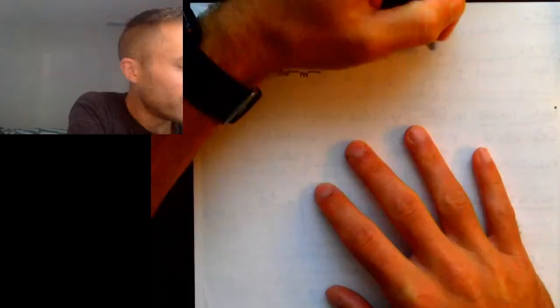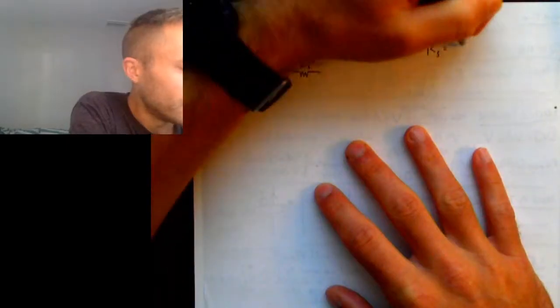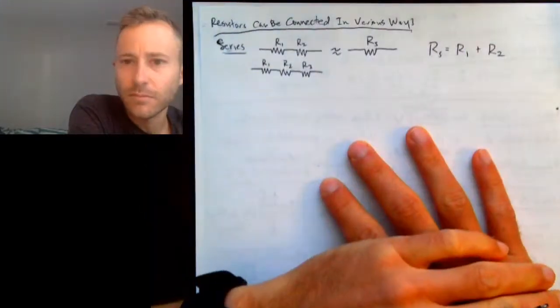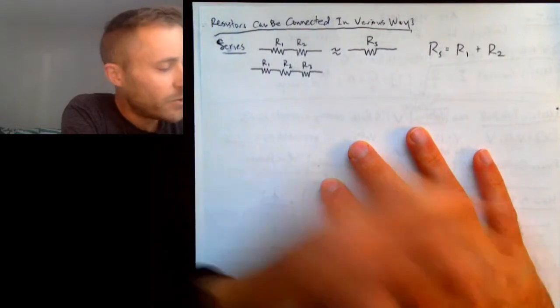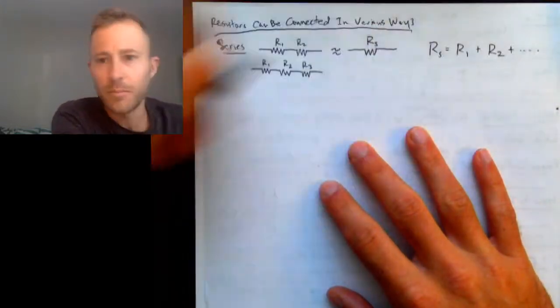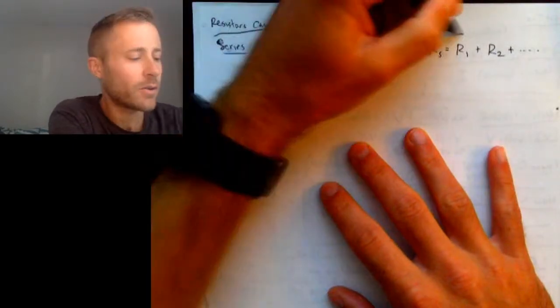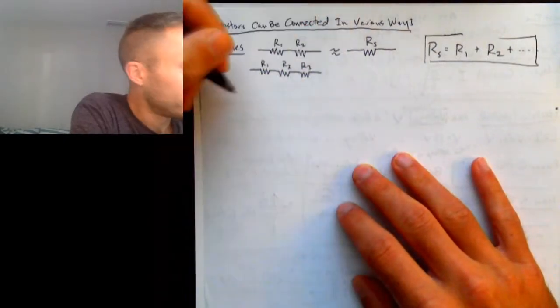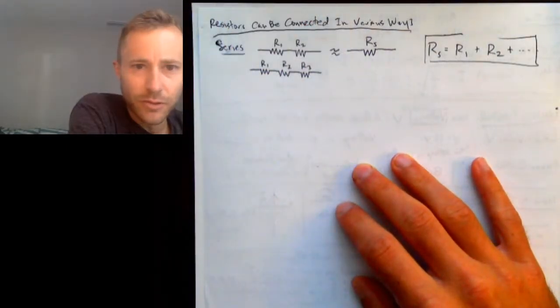And the value of R sub S is the sum of the 2 resistances. Okay? If you had 3 in series, you just add them up. You just continue the pattern. Okay? Here's a trick to tell if 2 resistors are in series.